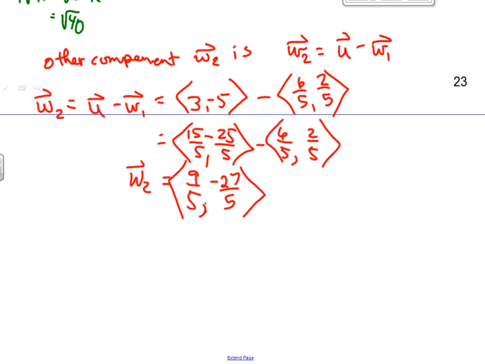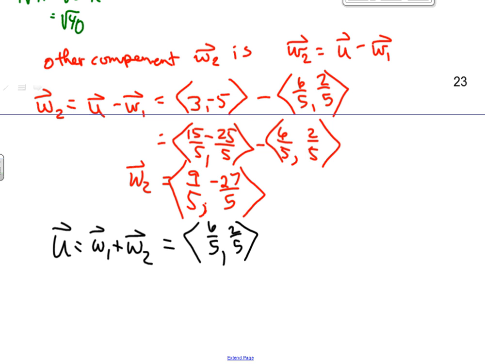So if we want to check U, then U is W1 plus W2. W1 is there, and W2 is there. So W1 is (6/5, 2/5) plus W2, which is (9/5, -27/5).